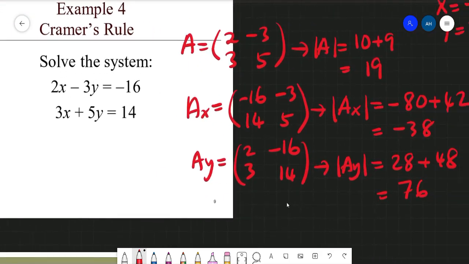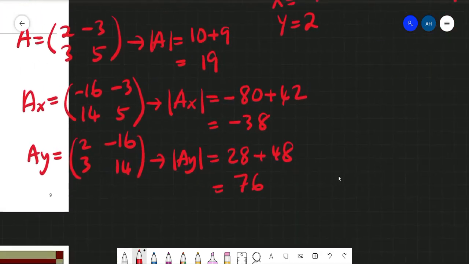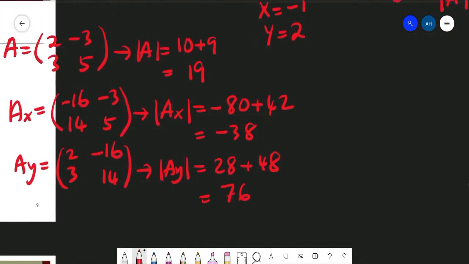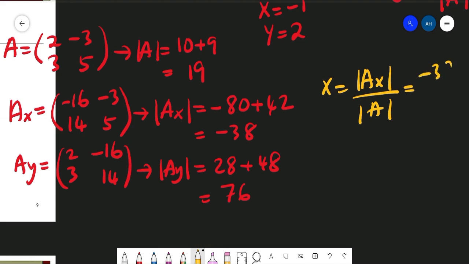We are ready to write down the values. Let's write it over here. We want to find the value for x. x equal to the determinant of Ax divided by the determinant of A. That will be equal to the determinant of Ax, negative 38, divided by the determinant of A, 19.